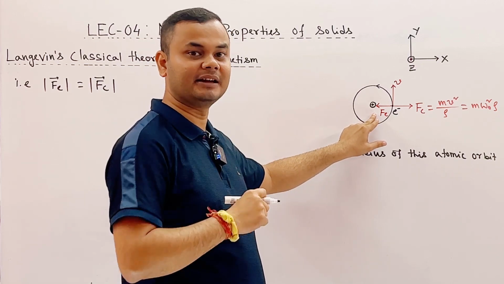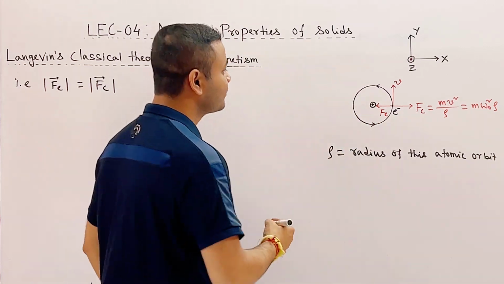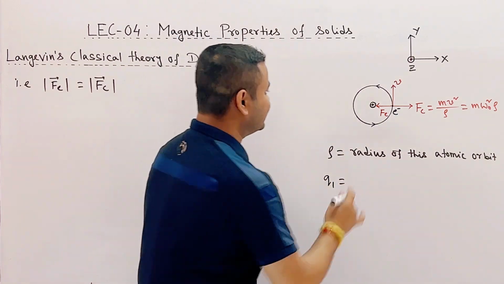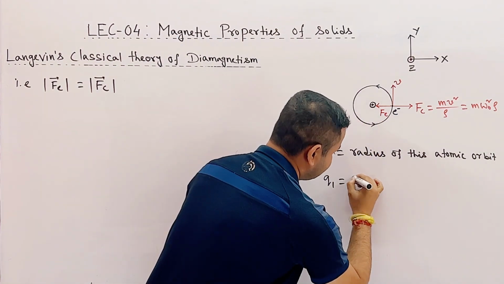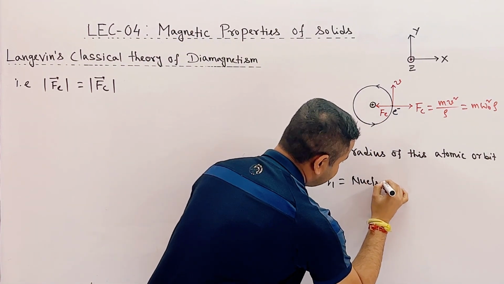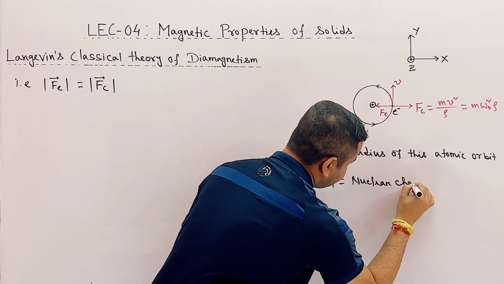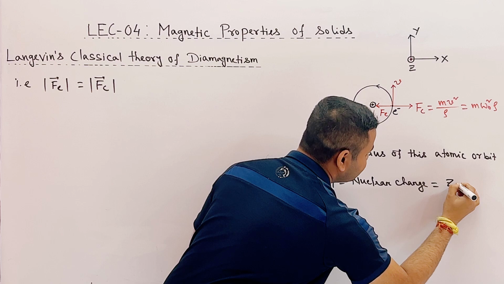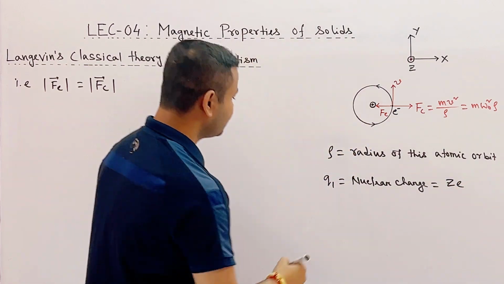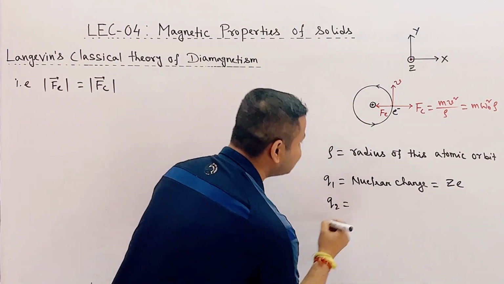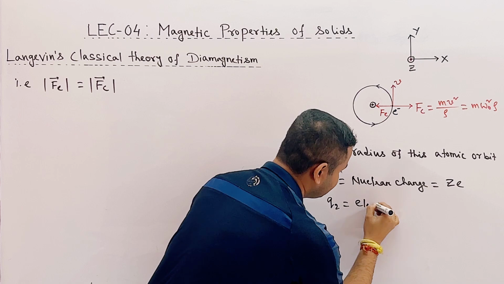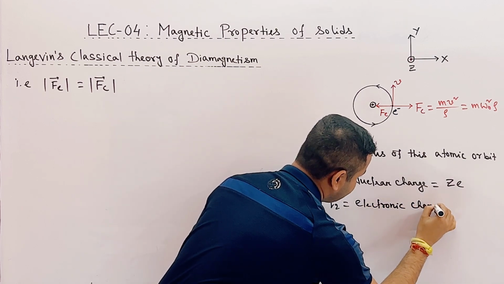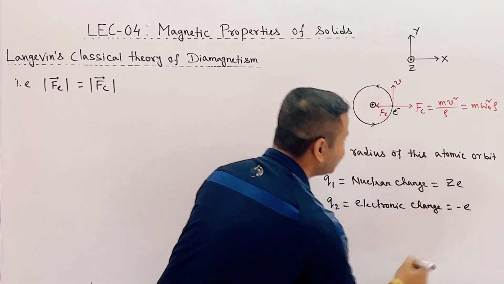Again, the magnitude of electrostatic force between electron and nucleus is given by 1 by 4 pi epsilon naught q1 q2 divided by rho square. So here q1 is the nuclear charge, whose value is Z into e. q2 is the electronic charge, whose value is minus e.